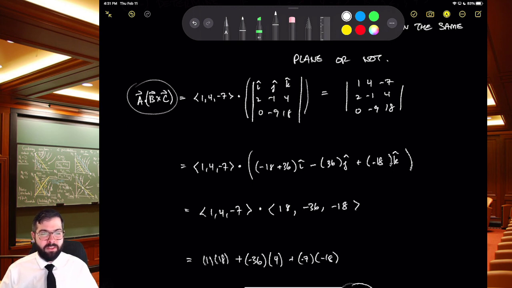Again, when is this useful? To find the volume of this thing, this parallelepiped. And so should you need to do that, this is the way to do it. And to also see if 3 vectors are coplanar, right? If the volume of this shape is 0, then you know these vectors all lie in the same plane.